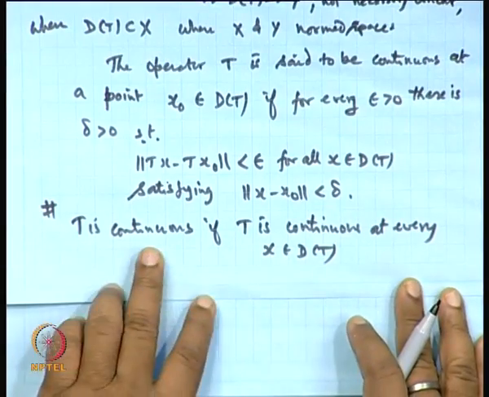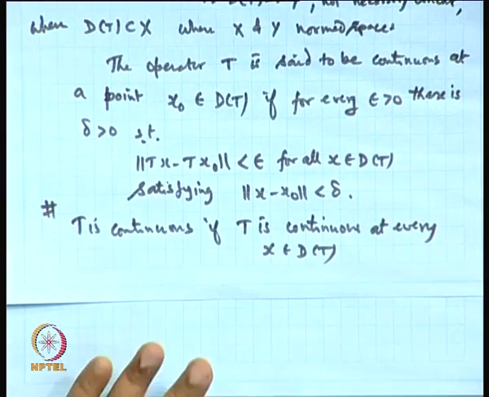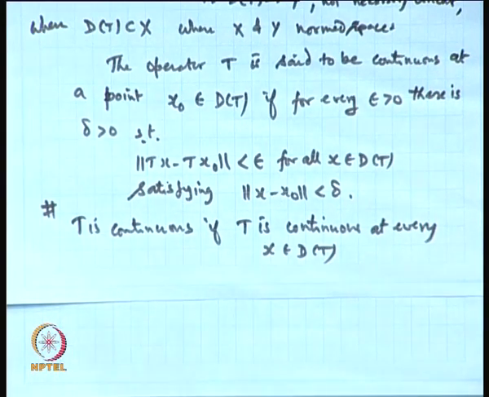But if the function is bounded, then it need not be a continuous function. But here the continuity and boundedness will be identical when T is linear. Another point I want to make clear is that the concept of boundedness of a linear operator and the concept of boundedness of a function are different.